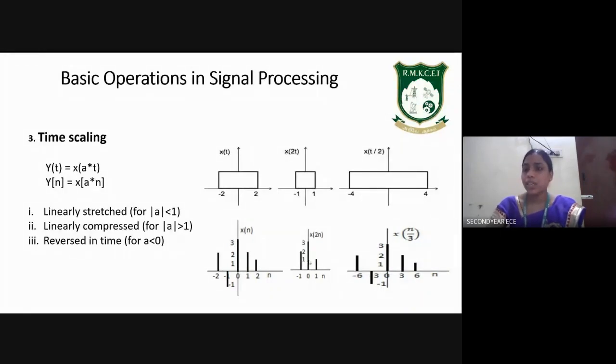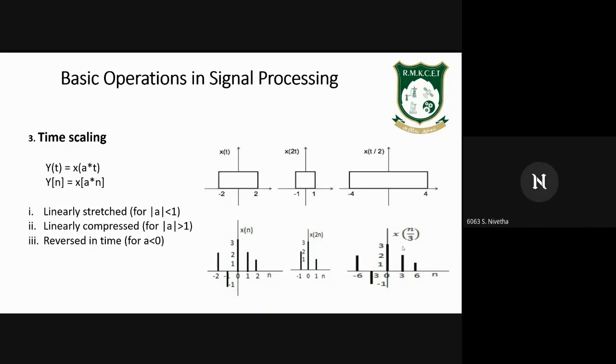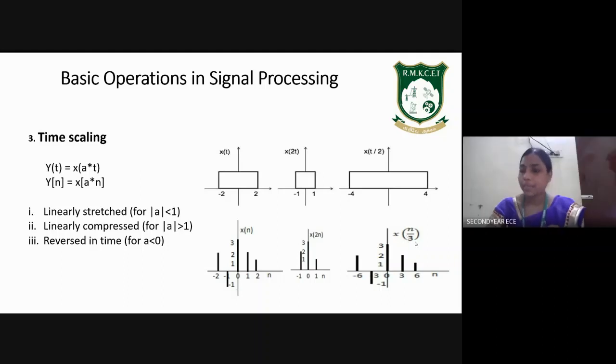Next, if the factor, this a value, is less than 1, let us consider 1 by 3. A is equal to now 1 by 3, so 1 by 3 into n. Now here in the last graph, we are taking a is equal to 1 by 3.